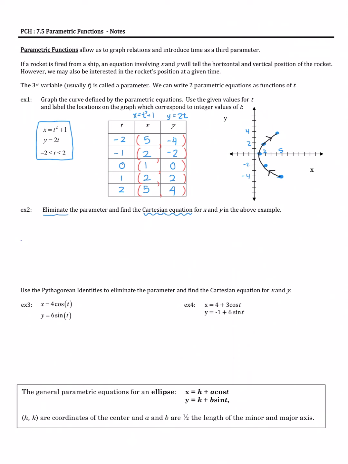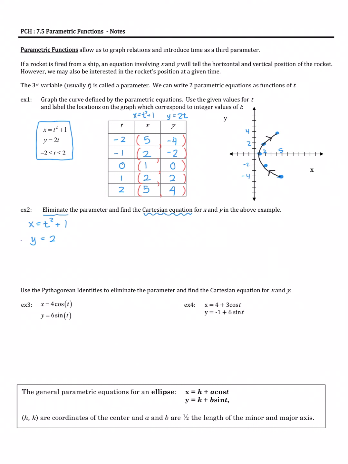If you notice that graph, it kind of looks like way back in the beginning of the year when we did the Boolean algebra and were able to graph something within a restricted domain. It's kind of what time is doing here, since we're only looking at the path of the particle within a particular span of time.